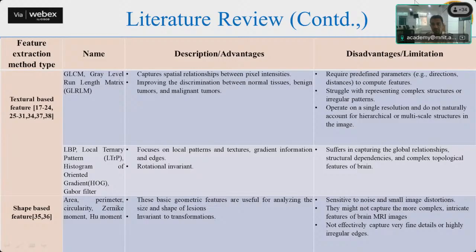And what is the disadvantage? The disadvantage is that they require predefined parameters to compute features. They struggle with representing complex structures or irregular patterns. They operate on a single resolution and do not naturally account for hierarchical or multi-scale structures in the image. So this is the thing.